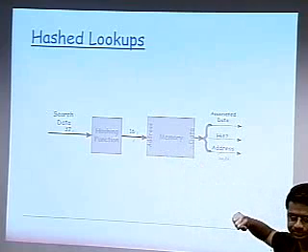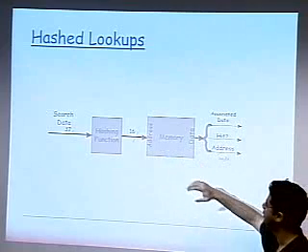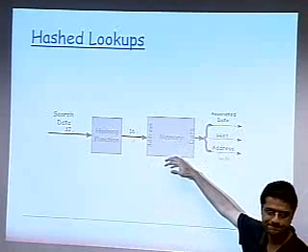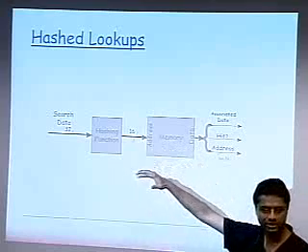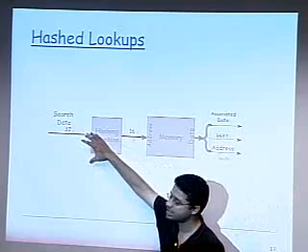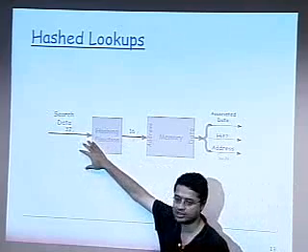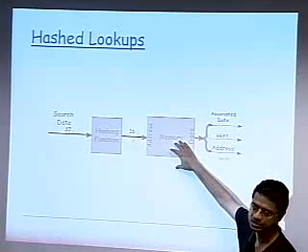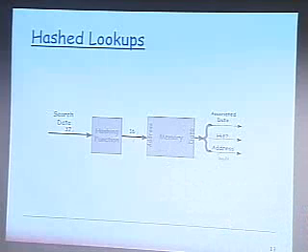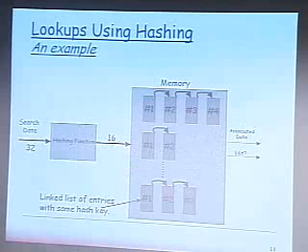Then you go to an address in a memory where, depending on the hash function, you will have the entry corresponding to the input. So now you have reduced the size of this table from 2 raised to 32 to 2 raised to 16, much smaller, and you can possibly fit that into memory. Now there is a problem though.